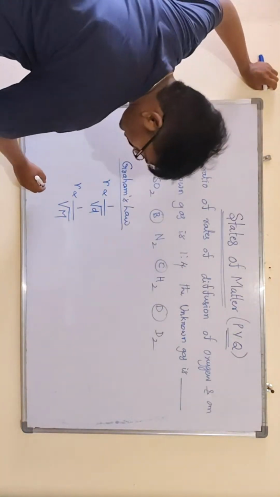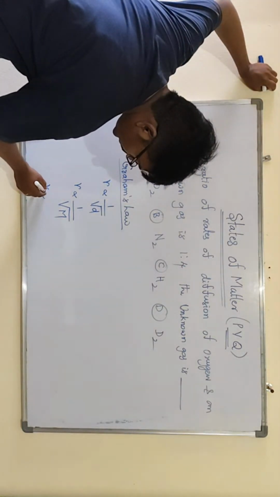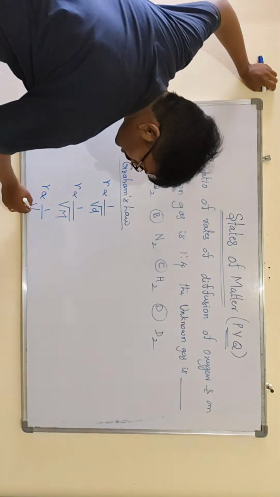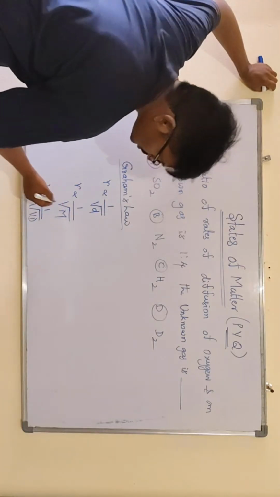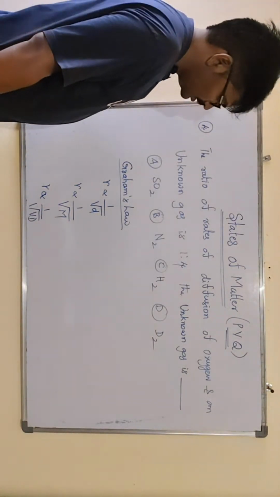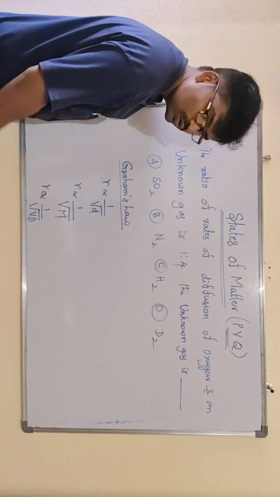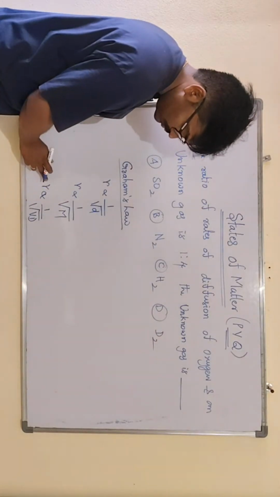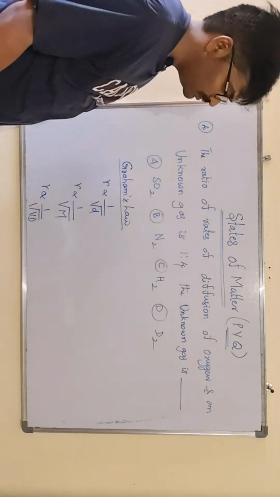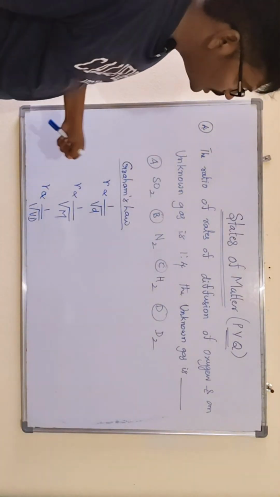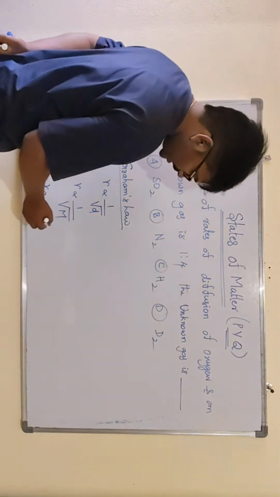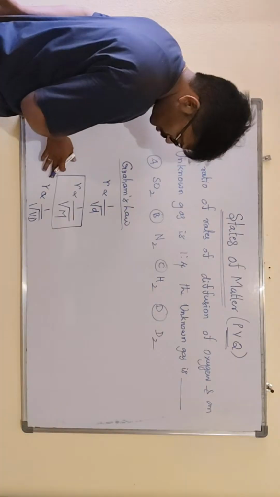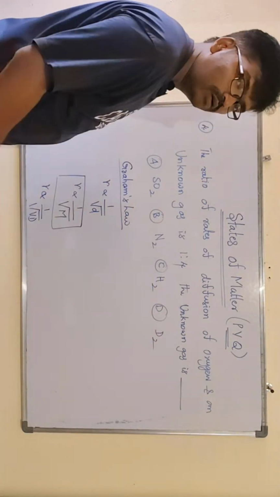The rate of diffusion of any gas is proportional to 1 by square root of its vapor density also. Here we have to take the molar mass, so we can find out based on the molar mass.